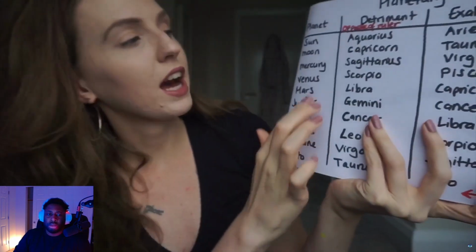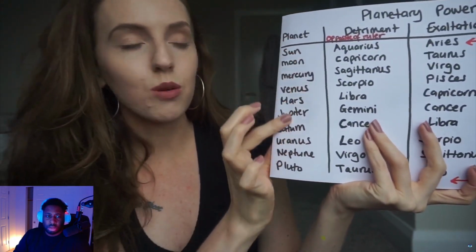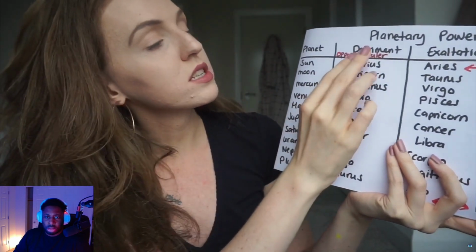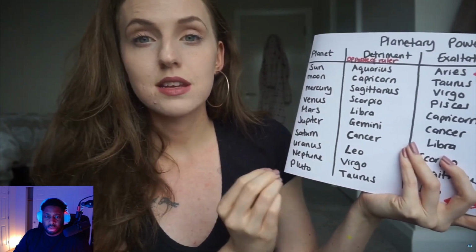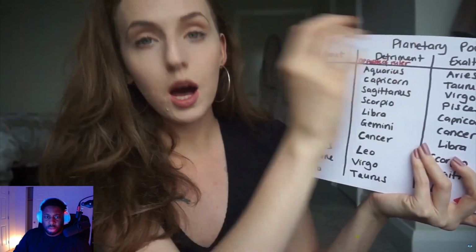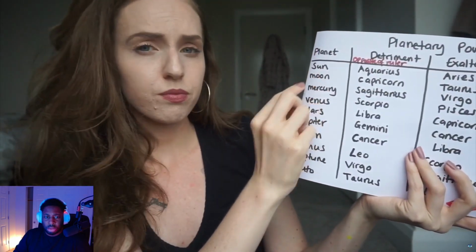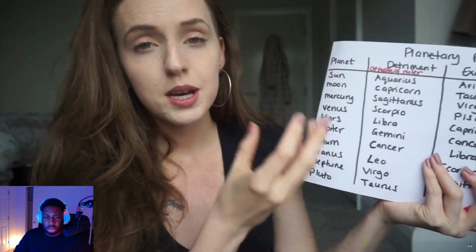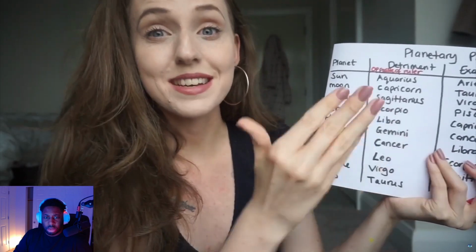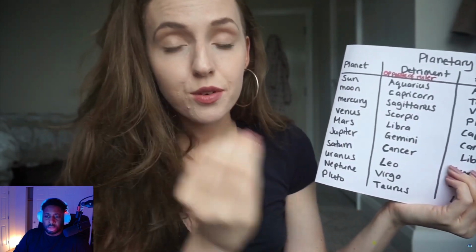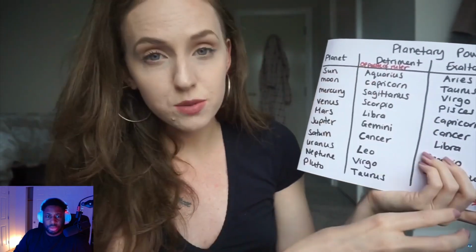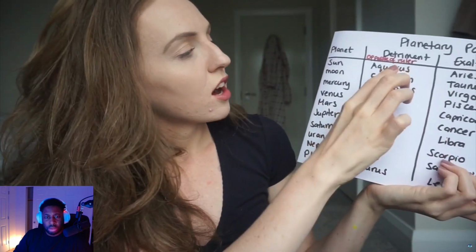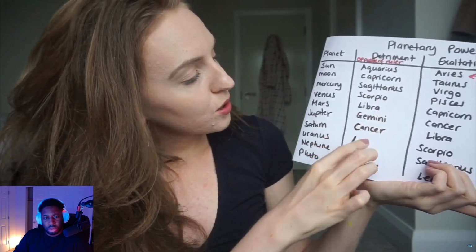Again, we have the planets all written down the side. When it comes to detriment, basically what that means is the sign opposite the ruler. So we could see with the sun, it rules Leo, but the sign opposite Leo is Aquarius. Therefore, the sun is in detriment in the sign of Aquarius. So you're basically just writing in the opposite signs all down here.